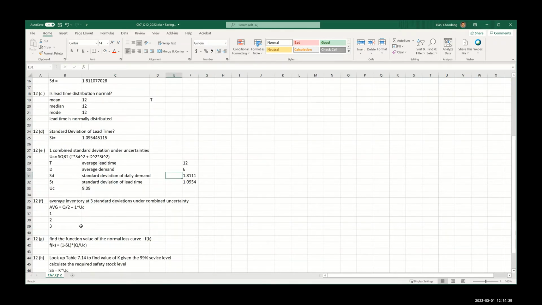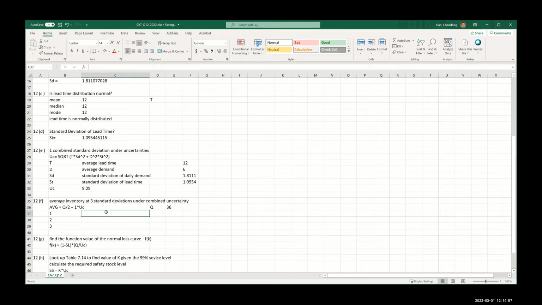So question F, average inventory level at 3 standard deviations under combined uncertainty, given the Q. So now we know Q is 36 here. So order quantity is 36. All right.